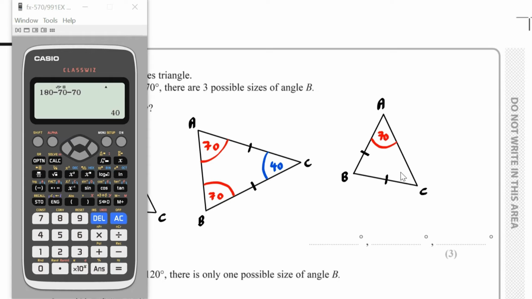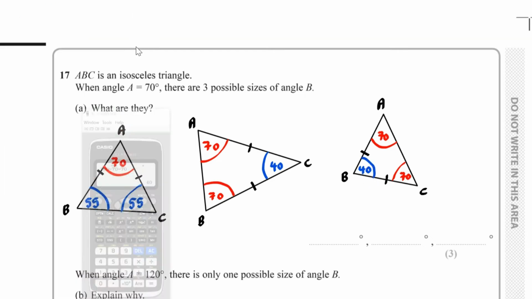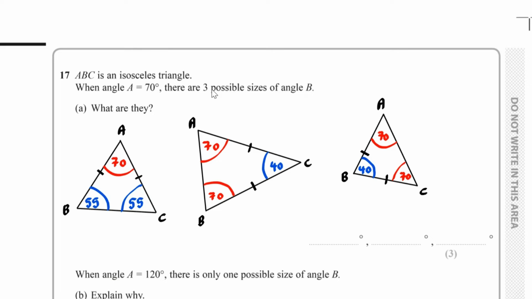We could also have the 70 here, which would mean this angle here is 40. So what you can see then is there are different possibilities for the angle B. We've got 55 degrees, we've got 70 degrees, and we've also got 40 degrees.